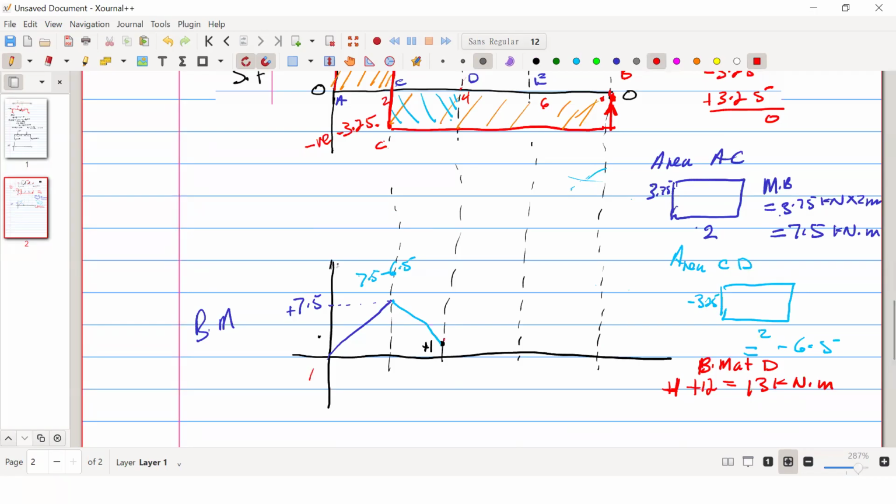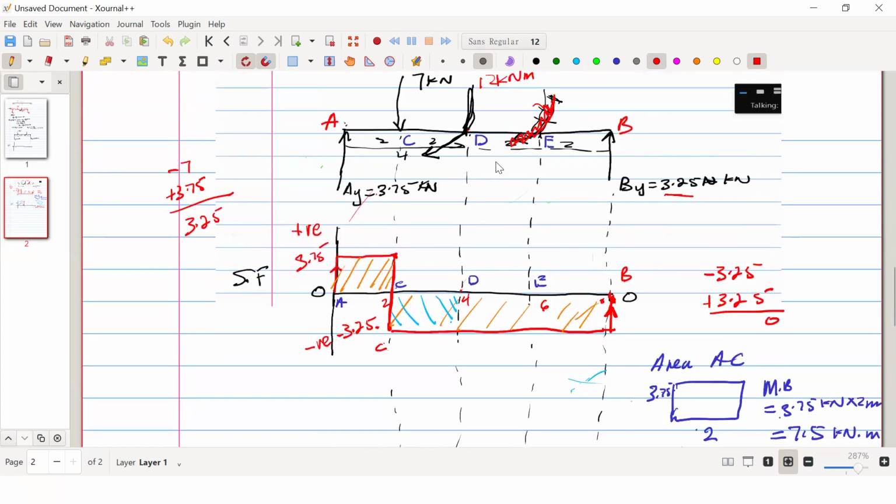So this is A, C, and D. It's going to come straight up and give you 13 right up here. And that is just pure by inspection.